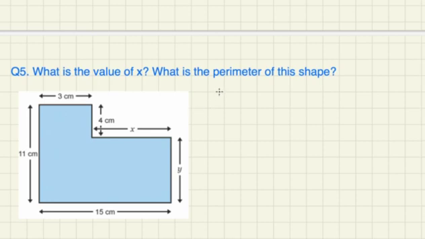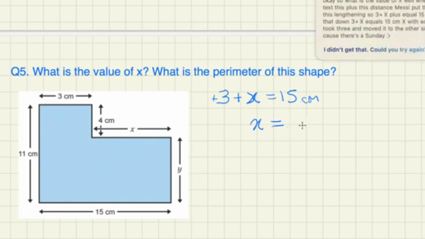So let's write that down. 3 plus x equals 15 centimetres. x would equal, if you took 3 and moved it to the other side, then because there's no sign here, it's a plus, but there's no sign. And when you move this over to the other side, it becomes a minus.